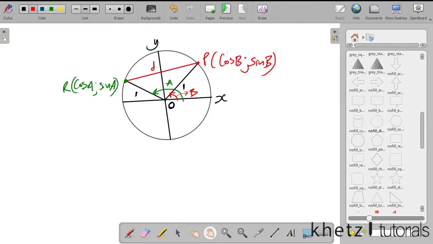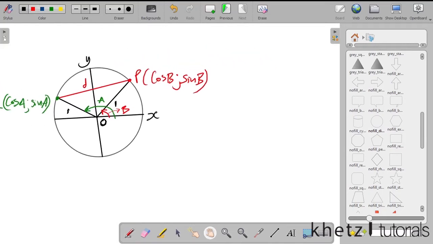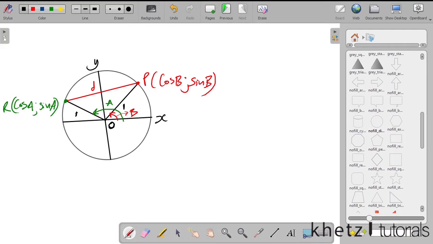Now, if you know the distance formula from previous grades, let's say grade 11 or whatever grade you know the distance formula from, it basically says that d is equal to the square root of, then you're going to subtract x1 minus x2, and then you're going to square that, add it to y1 minus y2, then you're going to square that too. Which means that d squared is equal to, you basically remove the square root sign on the other side as well.